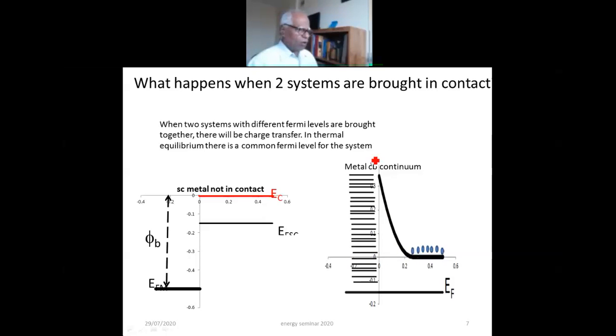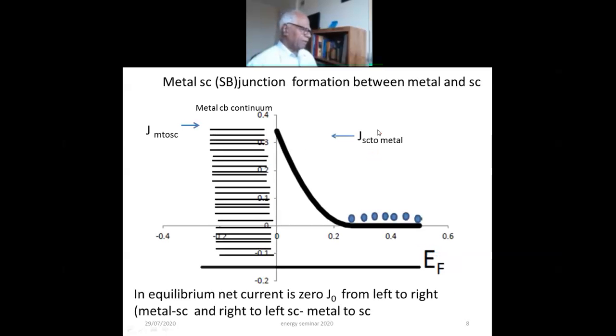Okay. So now let us see what happens. In equilibrium, even if I short circuit it, even though I have an electric field in here, there is no current. The net current has to be zero. And so what does that mean?